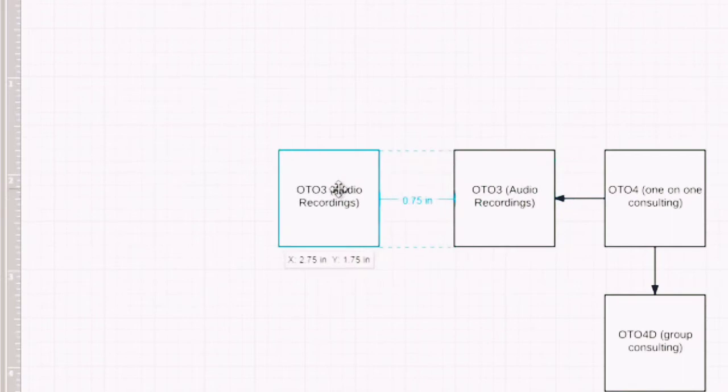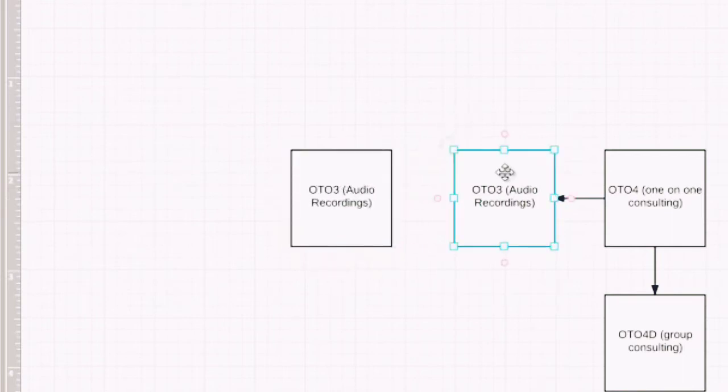That way, if somebody buys the audio recordings, they're thinking, okay, this is all I can afford. I'm going to stop here. But then you've got your premium buyers that will say, okay, I want to get one-on-one consulting, right? And then you might have people who say, oh, I can't afford that. And then they're offered this and they're thinking, well, I can't afford one-on-one consulting, but I can afford group consulting, right?